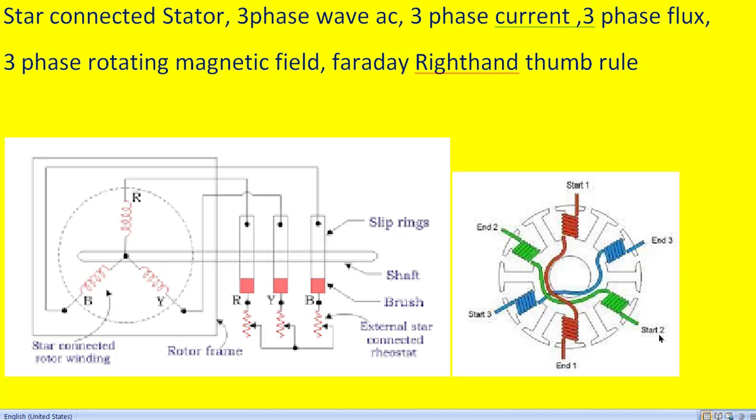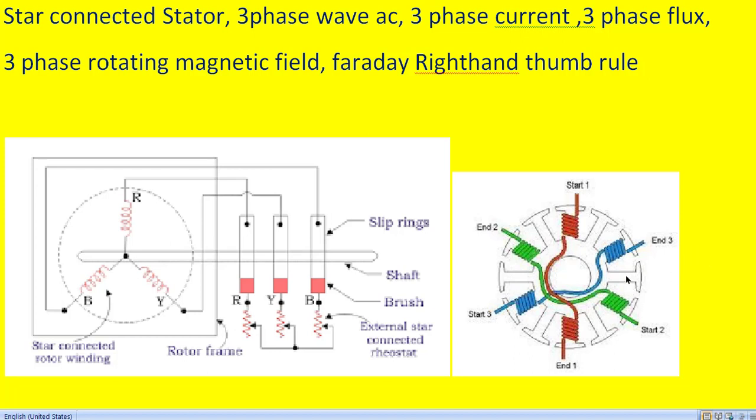Similarly, another winding starts here, goes like this, and then comes out of this. So start 1, start 2, start 3 are used to connect the windings in star here, and N1, N2, N3 are connected to the supply.